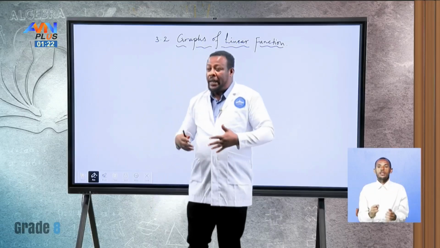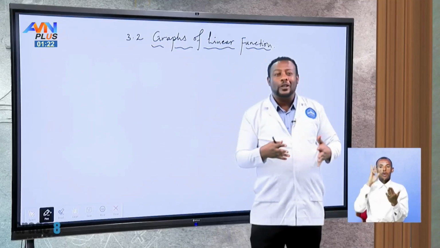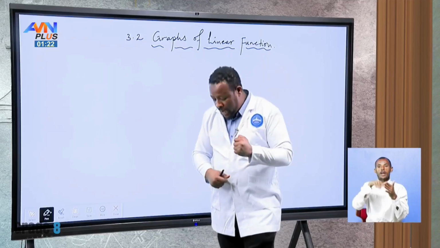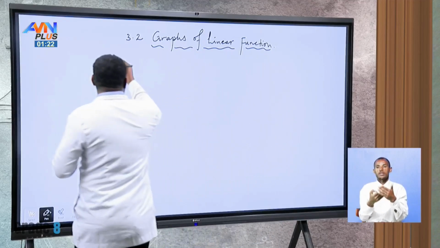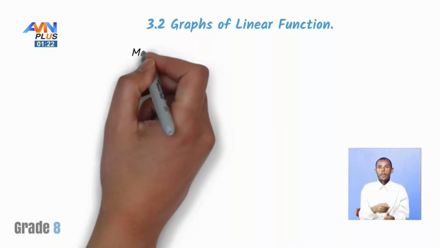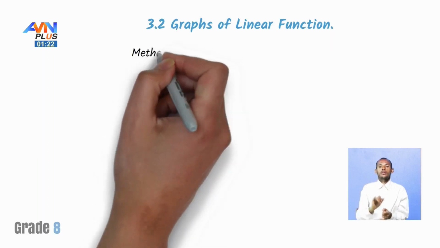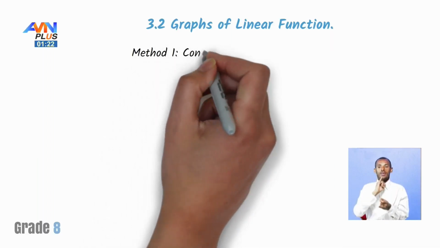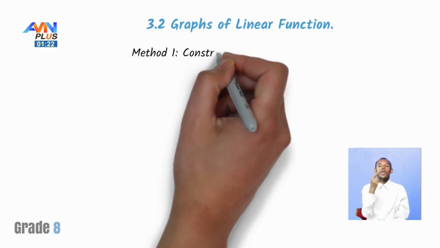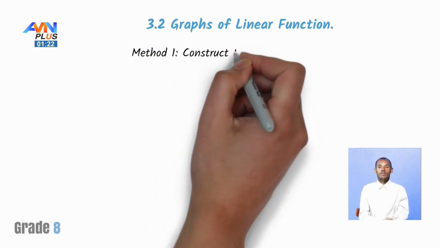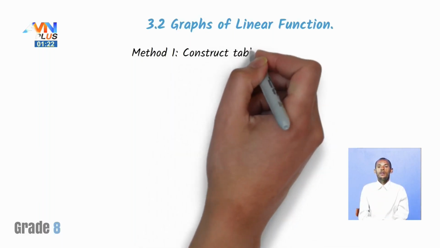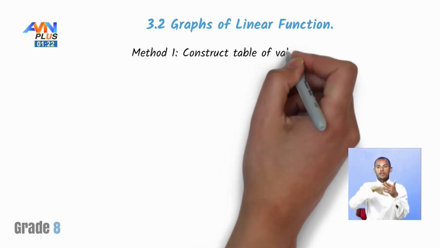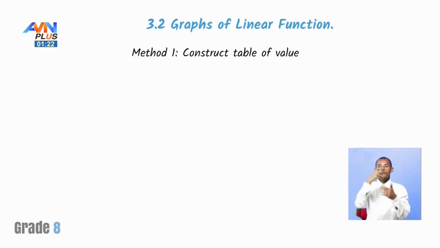So in this lesson, I will show you two methods of sketching the graph of a linear function. The first method, method one, is using points: construct a table of values.